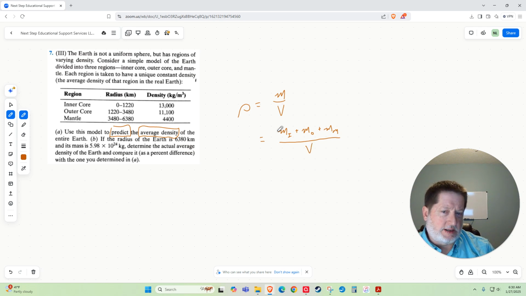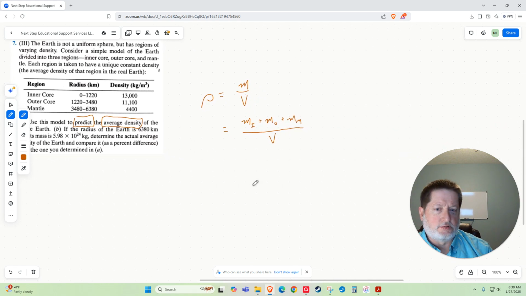The tricky part comes in calculating each of these masses. To calculate those, we're going to have to use this relationship between mass and density again, this generic equation of density equaling mass divided by volume. I'm going to rearrange this so I can calculate each individual mass based on their individual densities and volumes.